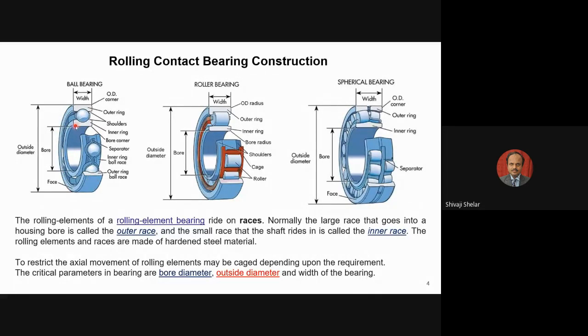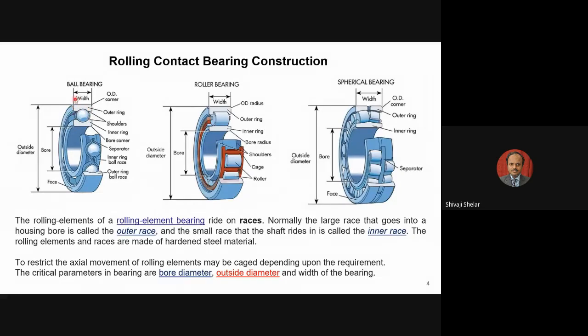In between the inner race and outer race, the rolling elements are placed. This is the spherical ball bearing, so spherical balls are placed. These should not come outside this engagement. So the inner race will have a groove as well as the outer race. You can see this groove shape here. This is the inner race groove shape and this is the outer race groove shape.